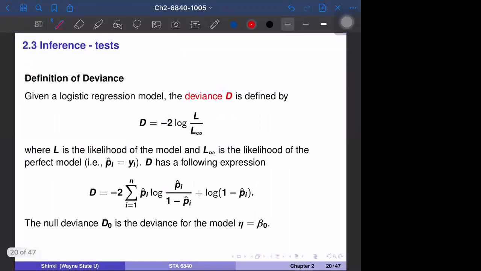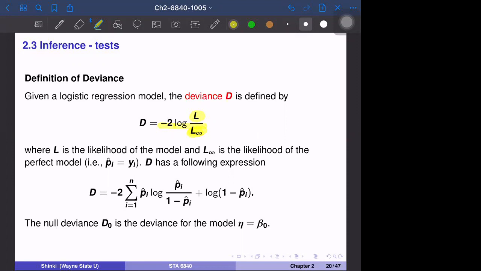Okay, so at first we define the deviance. Given a logistic regression model, the deviance D is defined by this. Basically, this is the likelihood ratio, but we compare the likelihood ratio with some baseline, and the baseline is actually the perfect model. So we see how close our model is compared to the perfect model.